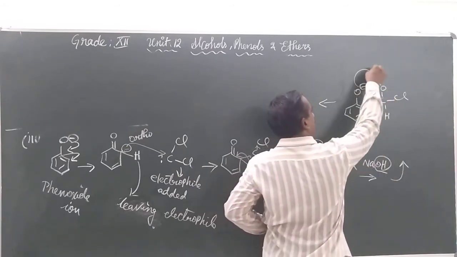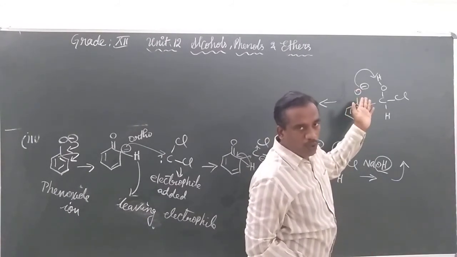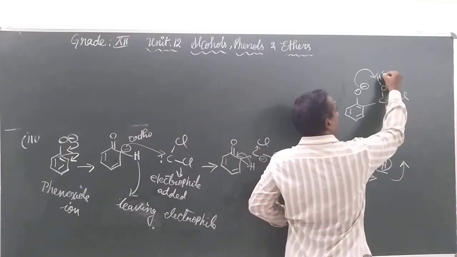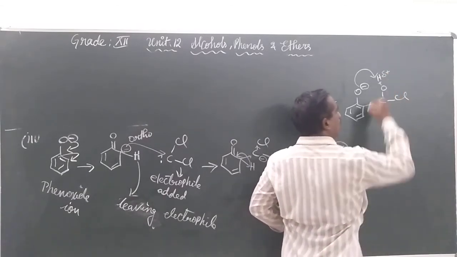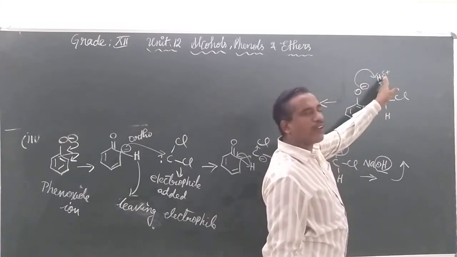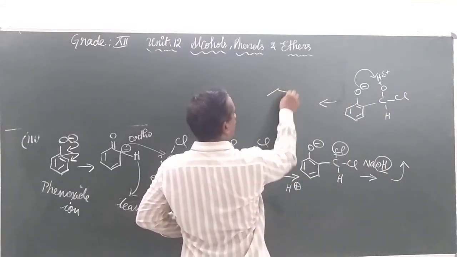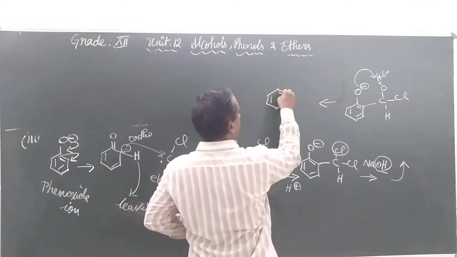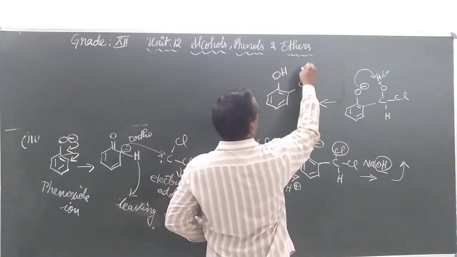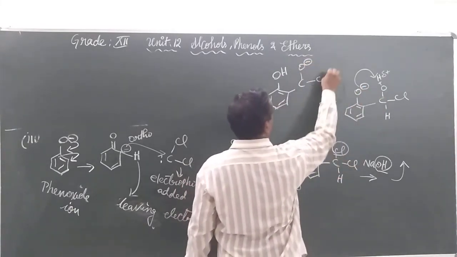It is giving electrons for the H plus because oxygen withdraws the electrons from the hydrogen. Now the oxygen is left behind in the form of O minus.